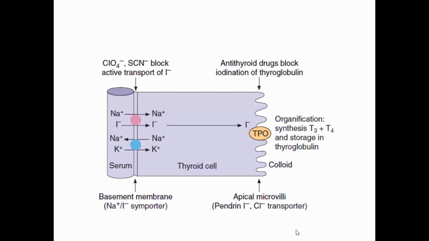You can see this on the structure: from circulation to the thyroid cell it requires the sodium iodide symporter, which can be inhibited by these anions.